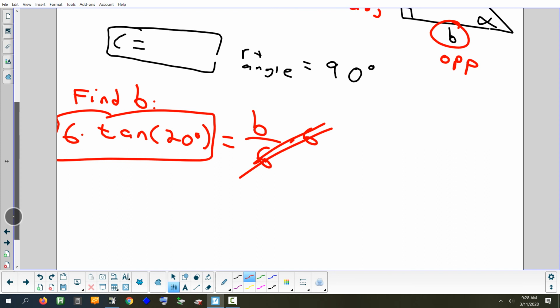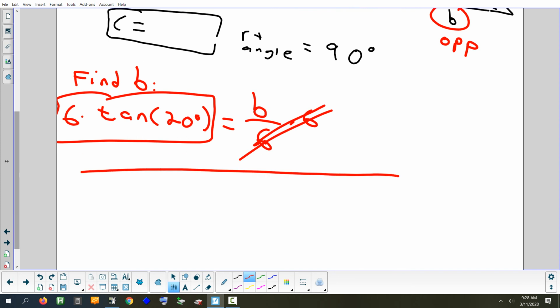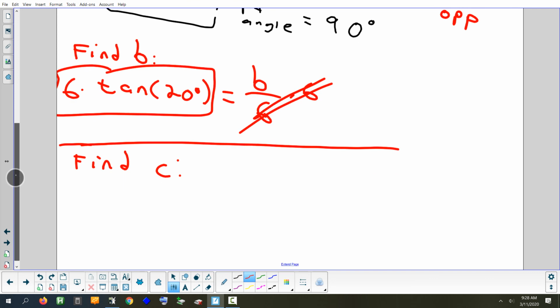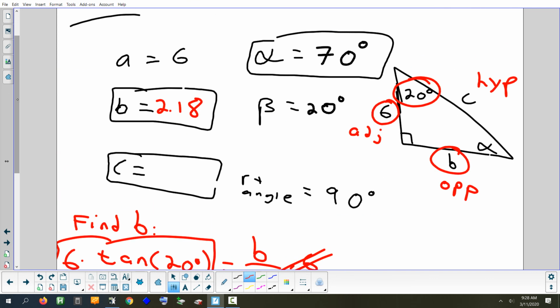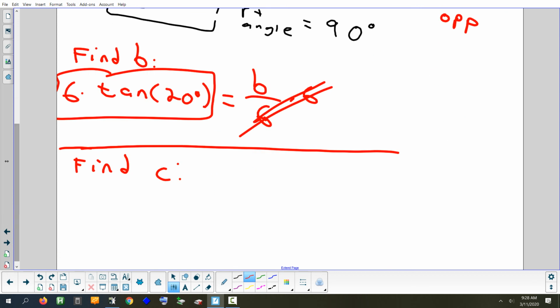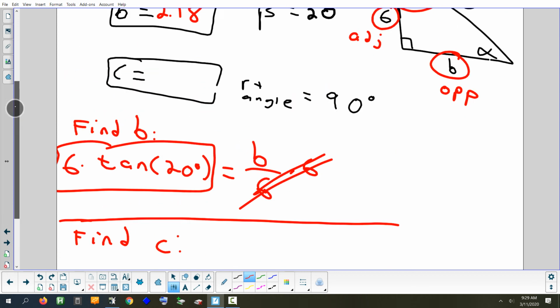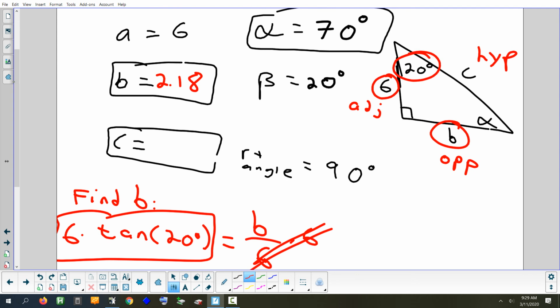So let's find C. All right. So to find C, now we're focusing on adjacent and hypotenuse. Don't use B, because we don't want to deal with B. So Nick, which trig function has adjacent and hypotenuse in it? Cosine. Cosine, good. So we're going to do cosine. Always cosine of your angle. Adjacent is 6.